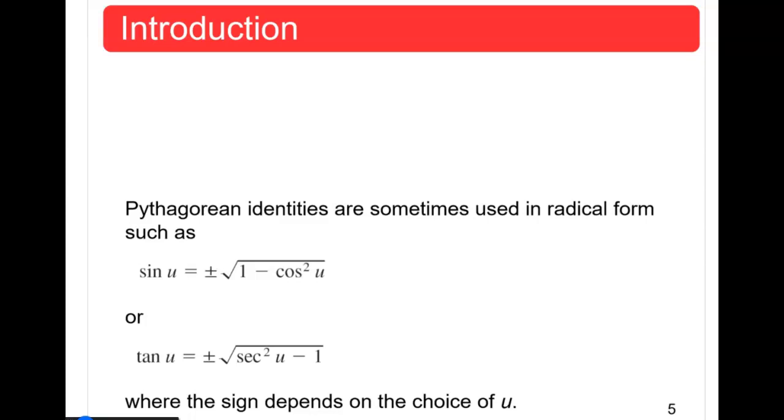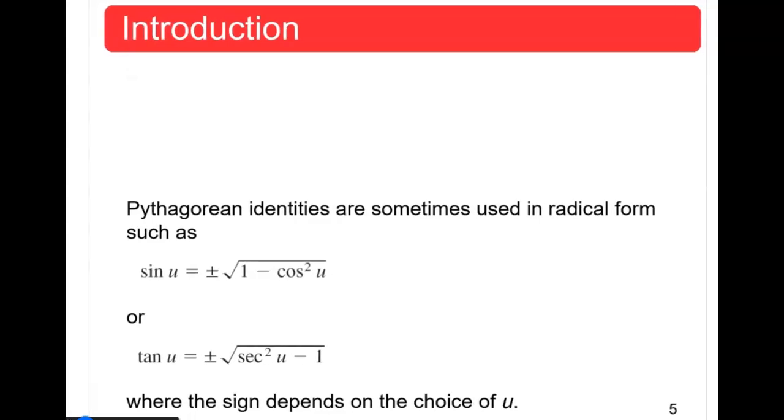So we're going to use the Pythagorean identity. And we're going to use u. So sine square of u plus cosine square of u equals 1. And from here, we're going to derive some of those that were on the previous slide.